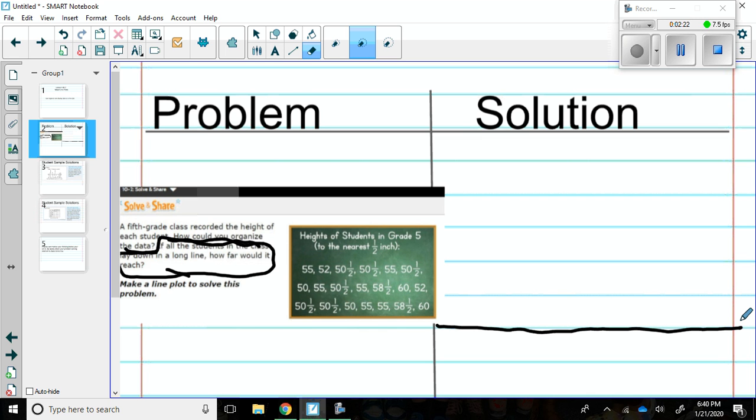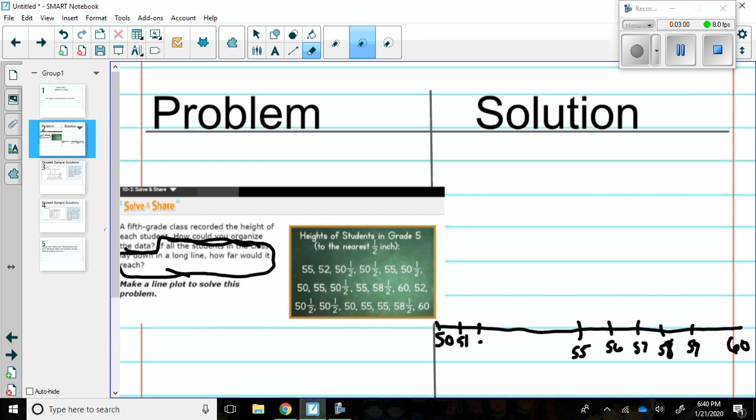Out of all the numbers I see, it looks like the number 50 may be the smallest, and I don't see any number higher than 60. So what I want to do now is fill the numbers in between. Between 50 and 60 is 55. Then I'd have 56, 57, 58, 59.